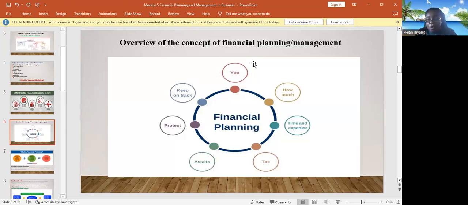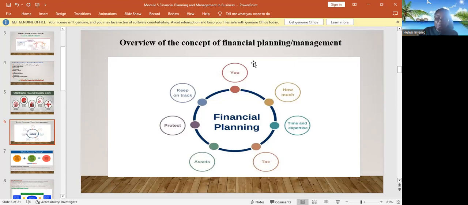Everything centers here on you: financial planning, and how you'll be able to manage. How much do you have?